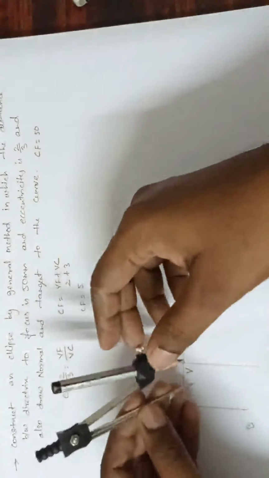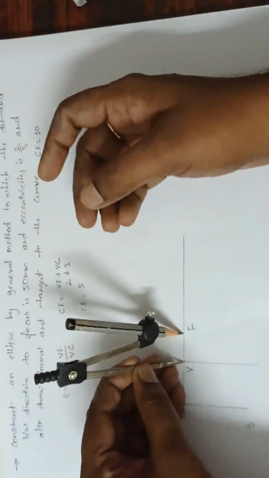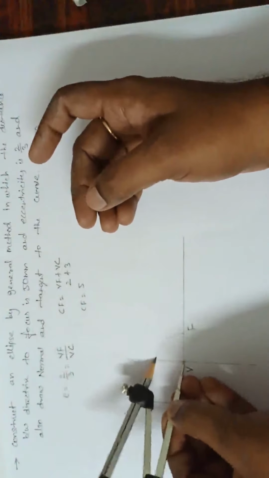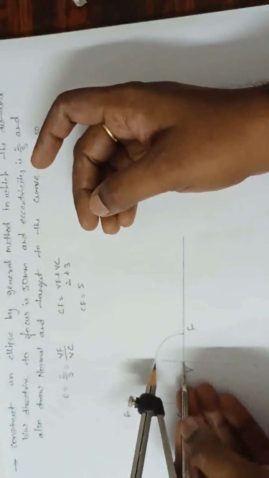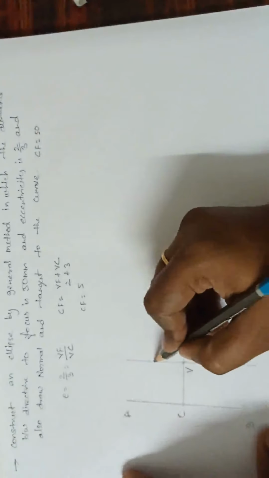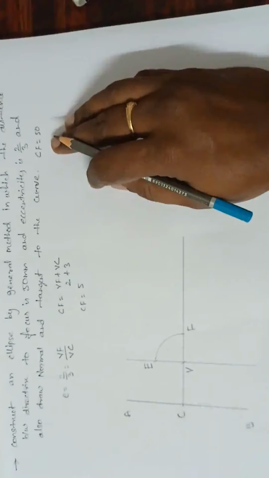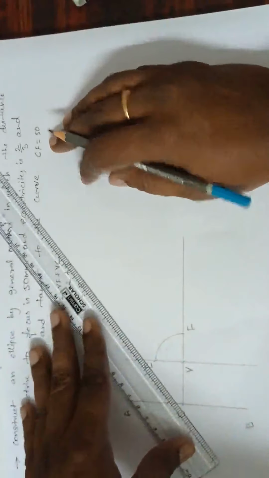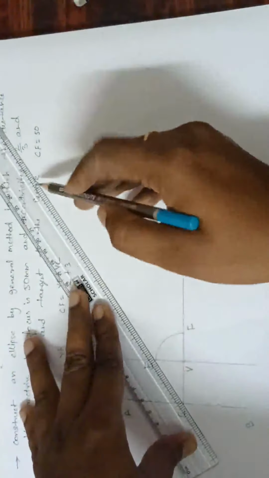Okay, done. Now next step, take a radius VF. With V as center, draw a curve such that it cuts the vertex line, and mark this as E. Now from C, join a line through E and extend this line.